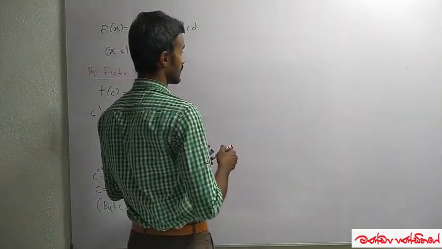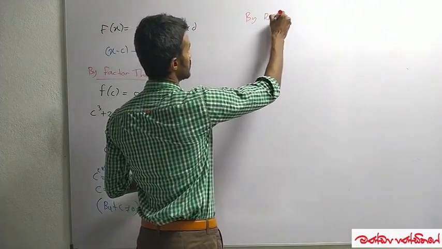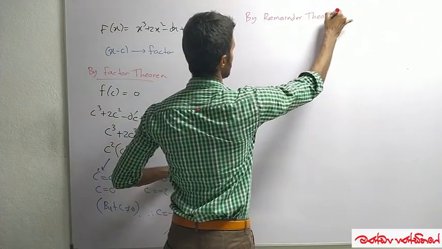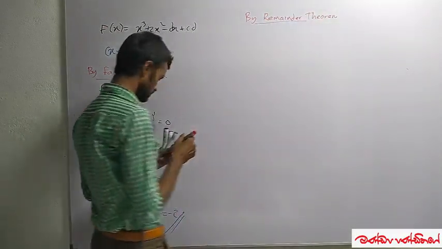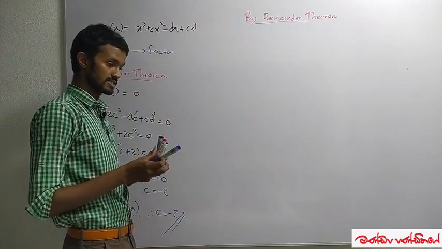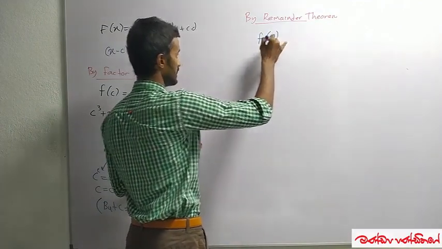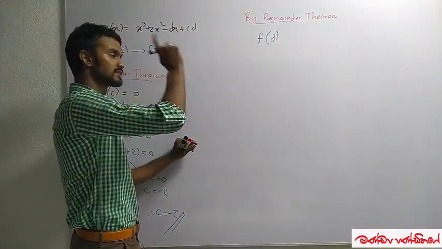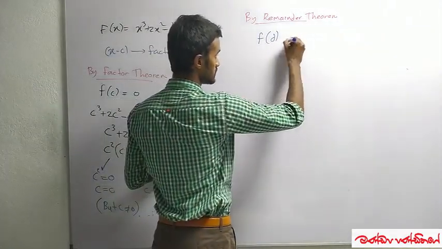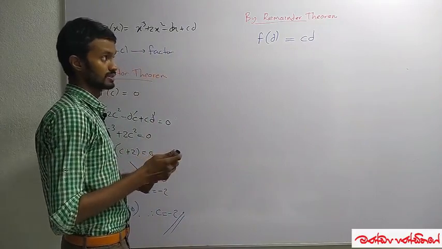So I can write, by the remainder theorem, when f(x) is divided by x − d, the remainder is given as f(d), and they have given us that the remainder is equal to cd. Which means f(d) = cd.